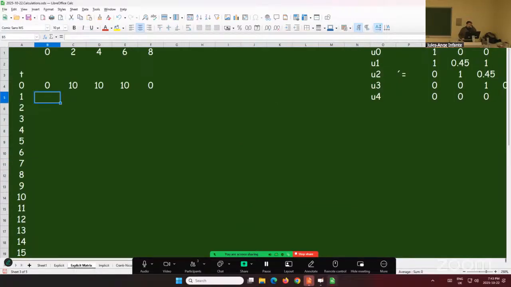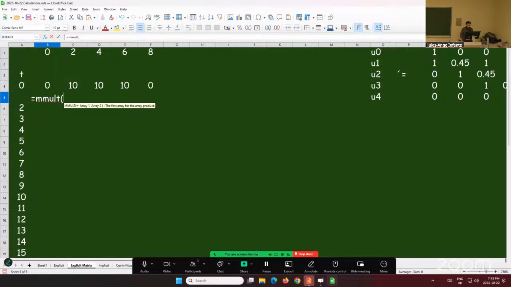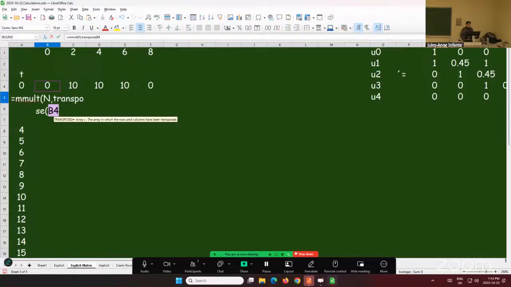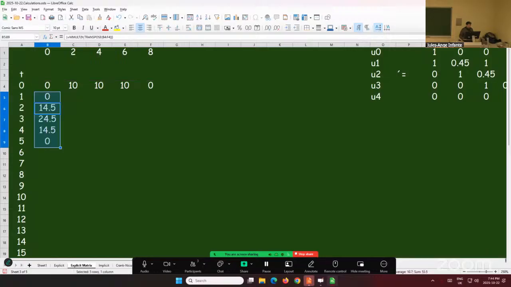So I will do my matrix multiplication, but it's the transpose. I need it to be a vertical matrix. So I will say M multiply my N value times the transpose of the previous row. Oh, and I should transpose the result.